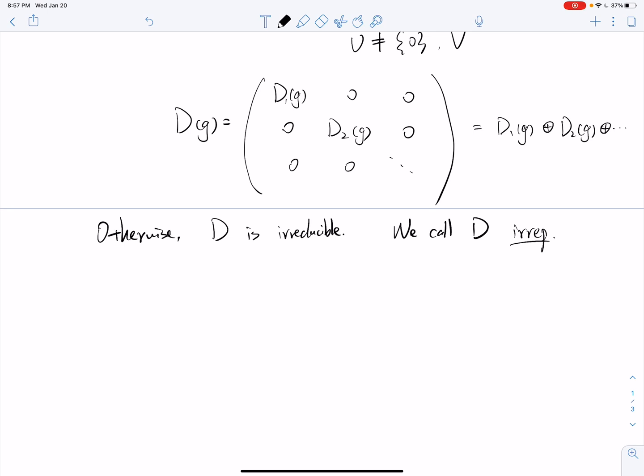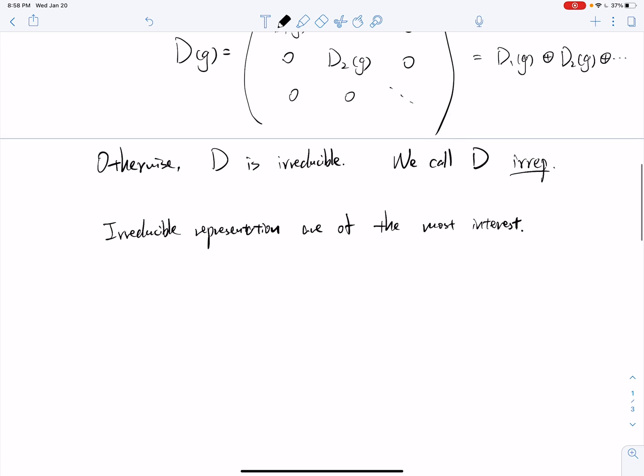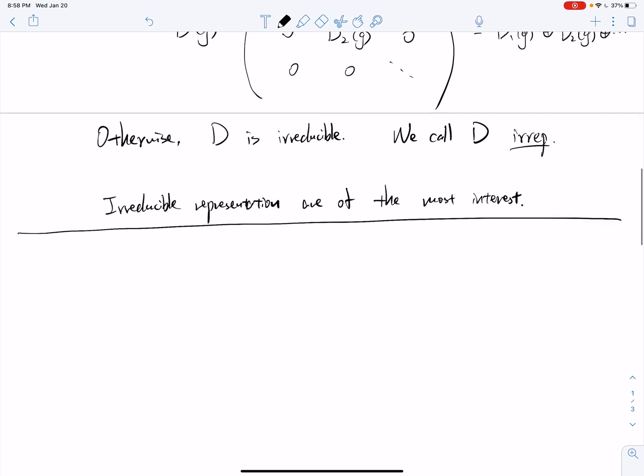So it is irreducible representations. It is the irreps that are more fundamental, and hence they are of the most interest to us. So that is our very brief discussion of the representation theory.